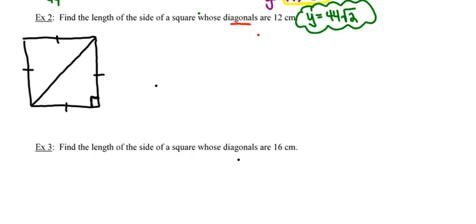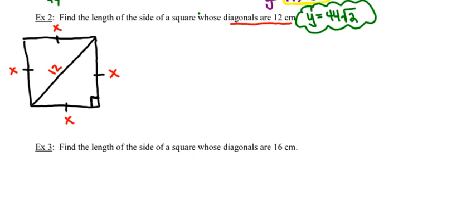I know that this diagonal has measure of 12 centimeters. The length of the side of the square is what I'm looking for. I'm going to call that x. And remember, if one of them has length of x, they all have lengths of x because the square has sides that are all the same.